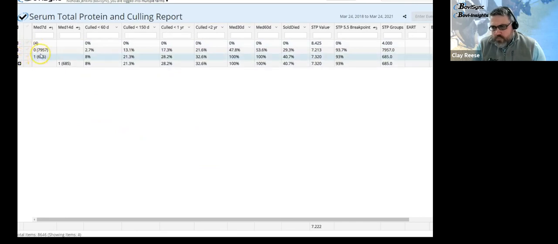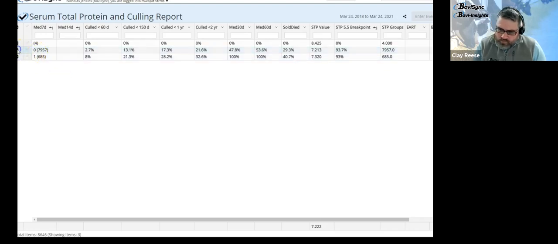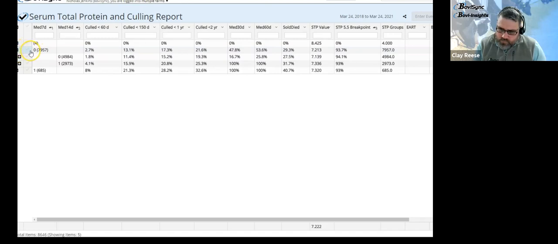so if an animal had a medical event at 7 days, then it definitely had one by 14. But what I was interested in looking at is saying, of the animals that did not have an event in the first 7 days, how many then had it in the first 14, and how does that relate to culling?